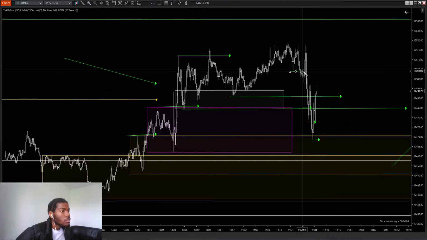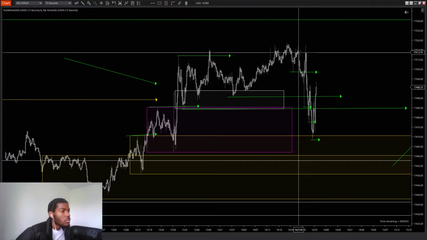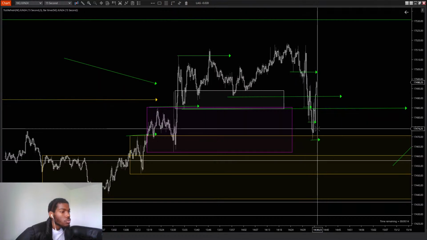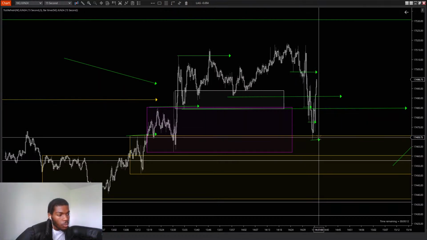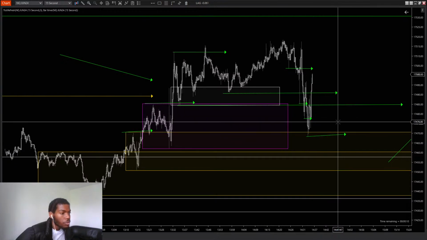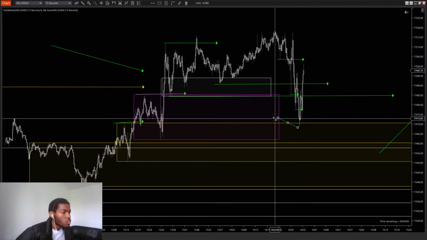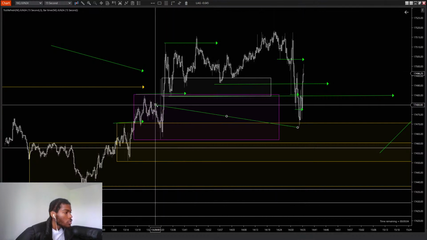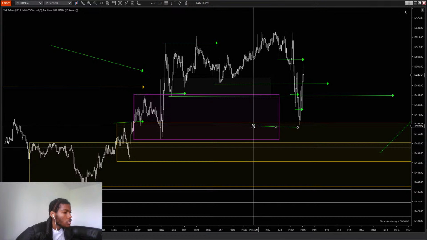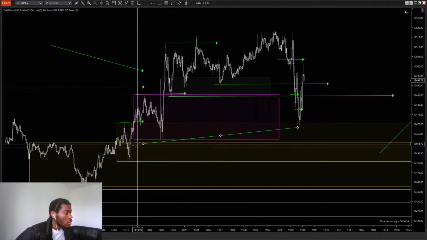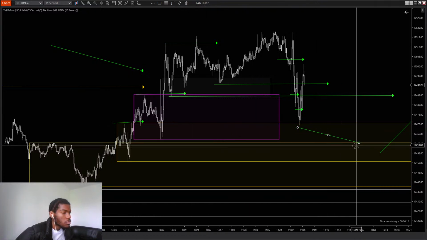But yeah, that's a swing there. So we got 1, 2, 3. We did not create the 4th. So this is not your move. Plus we were still inside this zone at the top of the range. I'm waiting for this low to be swept.